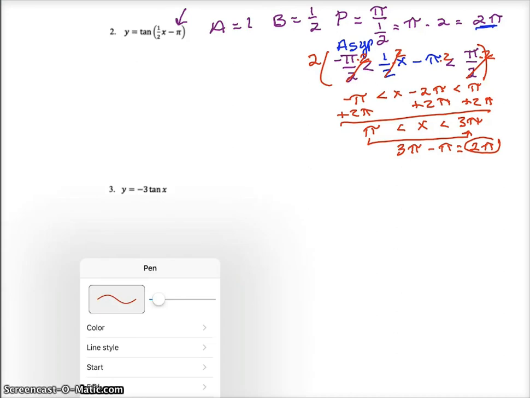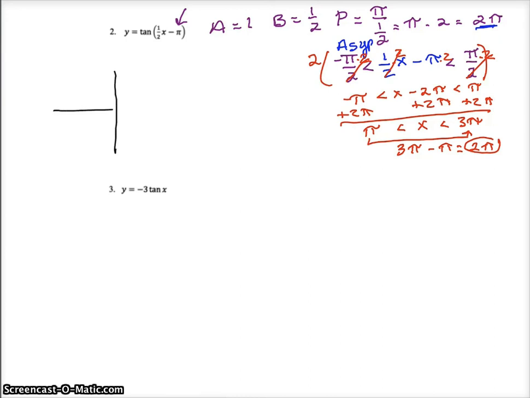So let's try to sketch tangent. I know that my first asymptote will be at pi radians. My second will be at 3 pi. So this would represent 2 pi, 3 pi is located here. So I have my asymptotes.